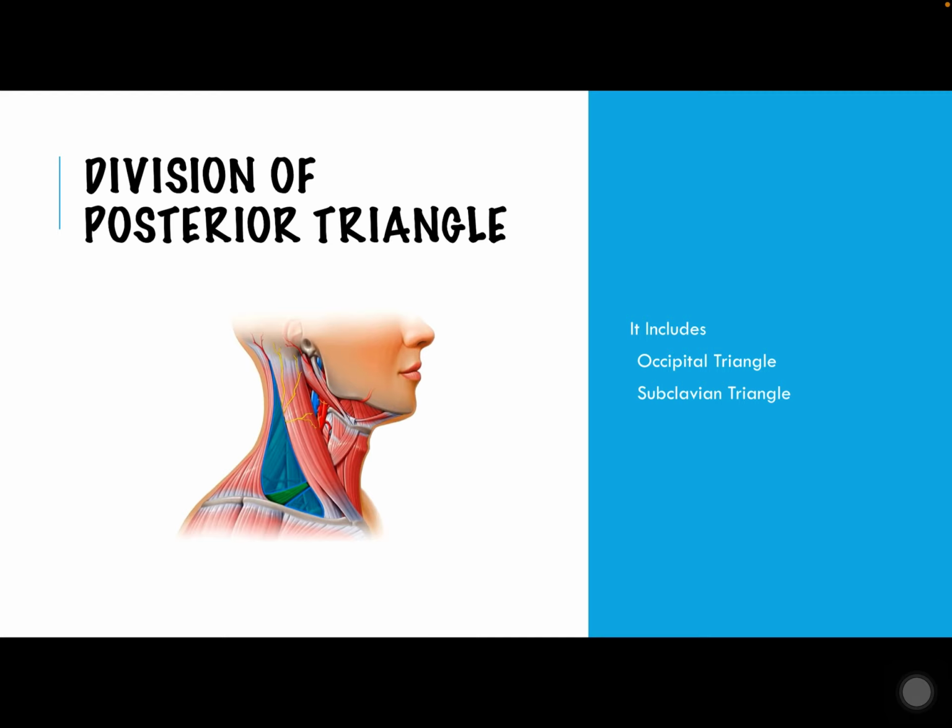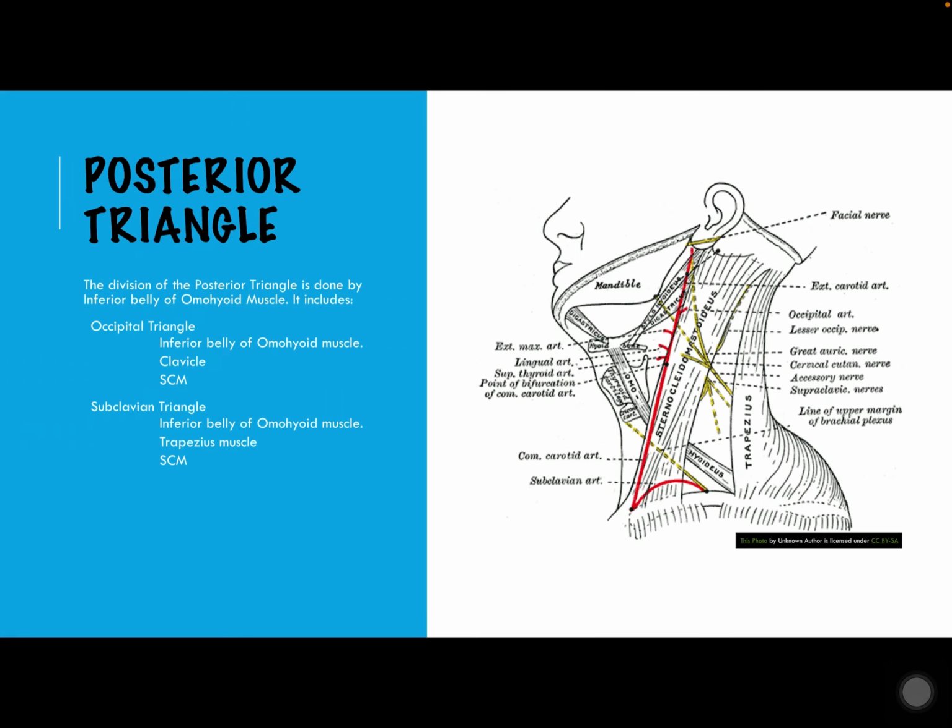Now, this division is made by the inferior belly of the omohyoid muscle, as we can see in green here. The division of the posterior triangle is done by the inferior belly of the omohyoid muscle, as told already.